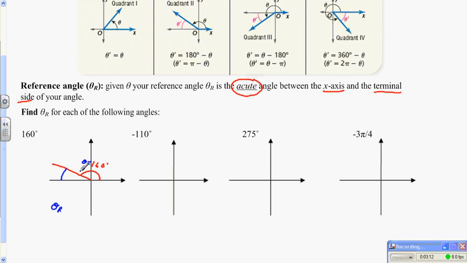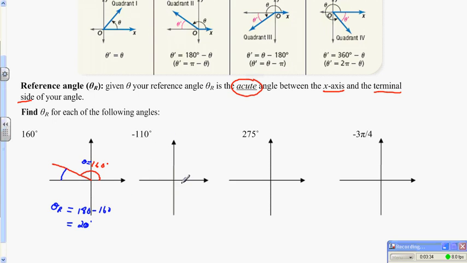So in this case, it would be 180 minus 160, which would equal 20 degrees. Again, it's positive, it's acute.